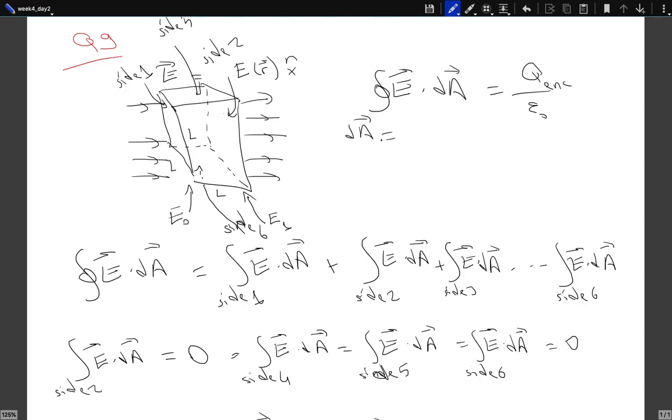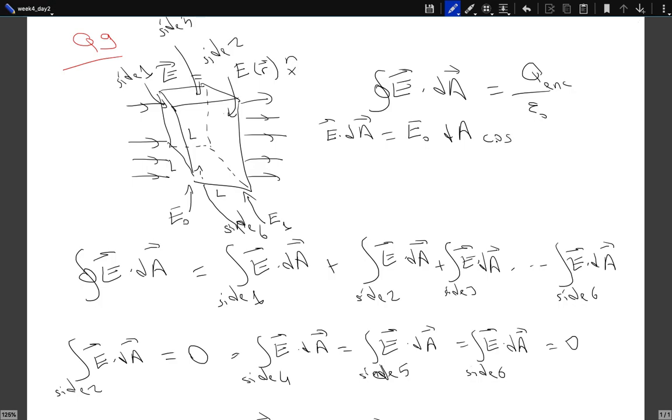On side 1, it is this side. What is the direction of the area vector? In this direction. So let's see, E dot dA is the magnitude of the electric field on that surface, which is given to be a constant E0, multiplied by the magnitude of the area vector on that surface, multiplied by cosine of the angle between the two.